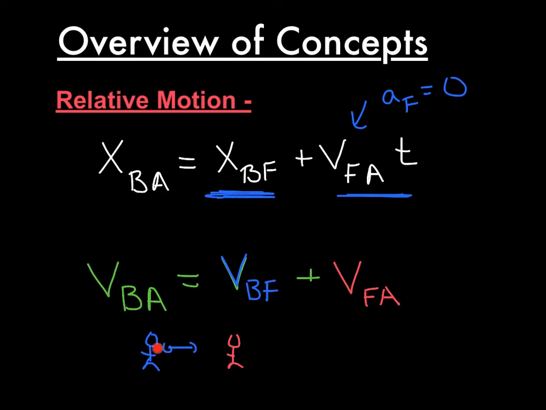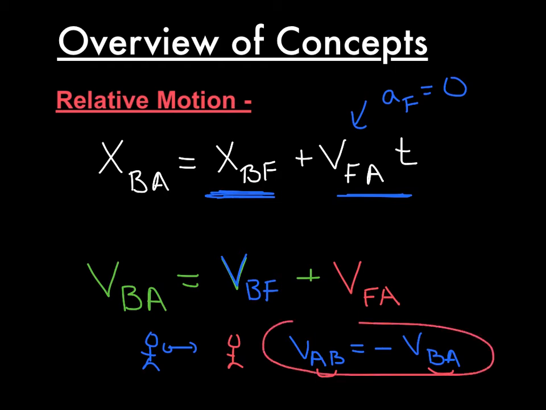So in this case, A sees the ball going away, B sees the ball coming at them. So one important thing to note is that the velocity of A as observed by B is equal to negative the velocity of B as observed by A. So if you switch these indices, you just get a negative sign. And that's just because one person sees it moving towards, one person sees it moving away.